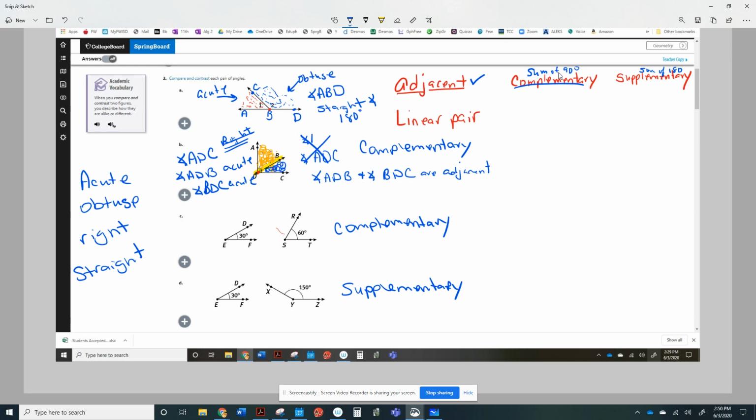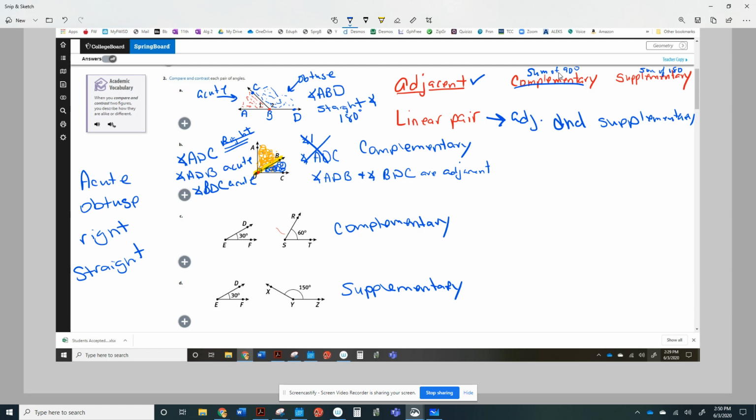So because we have adjacent and supplementary, we call it a linear pair. Adjacent and supplementary, then we call that a linear pair. Okay, so lots of vocabulary words: acute, obtuse, right, straight, supplementary, complementary, adjacent, and linear pair.